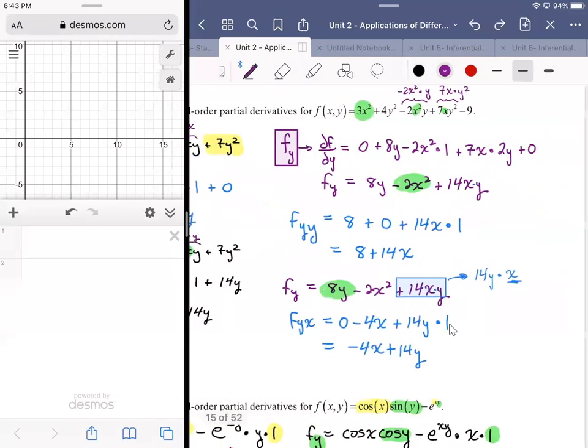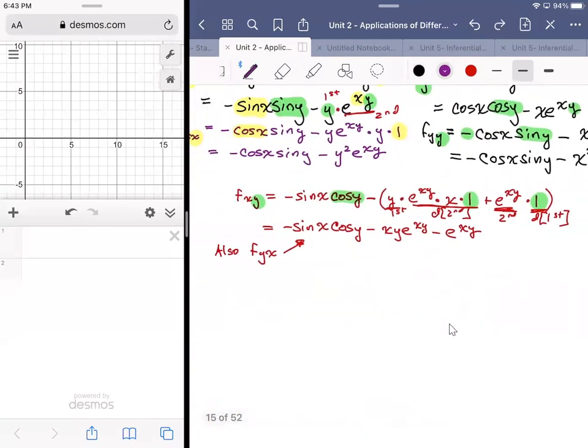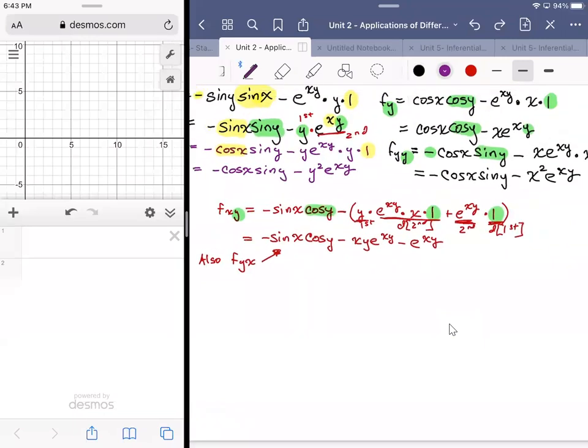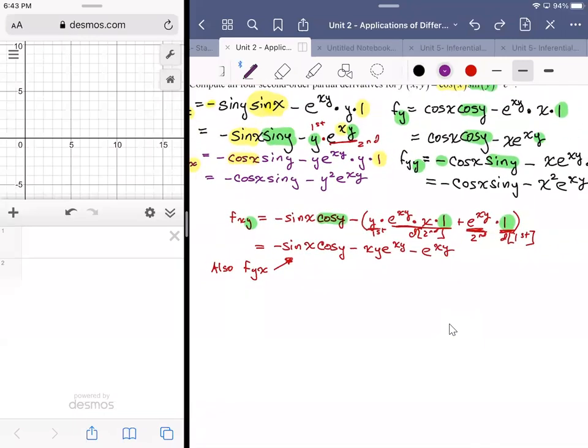Well, first, let me make sure I wrote it right on the previous page. Yeah. Oh, you know what happened? When I started deleting stuff to clean it up, I didn't clean it up the right way. Apologies.